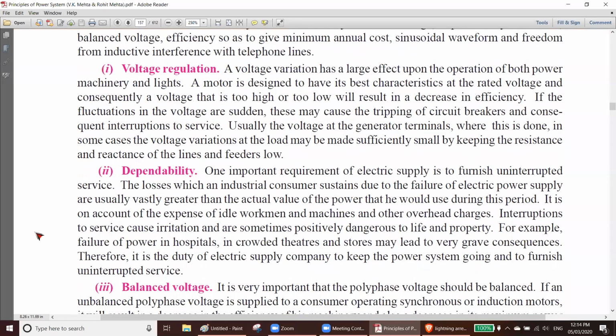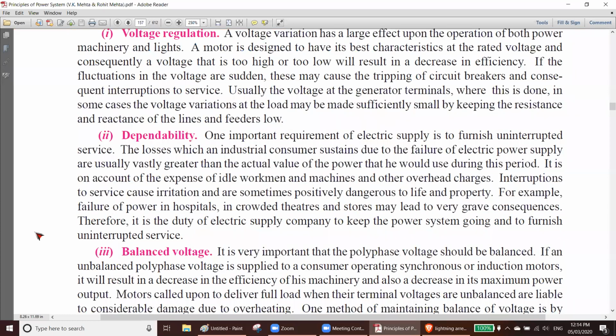Dependability, obviously this is a very important topic. You must depend on your supply system. If your supply system does not give you enough power on time, you cannot depend on it, right? For example, failure of power in hospitals, in crowded theaters or stores may lead to very grave consequences.